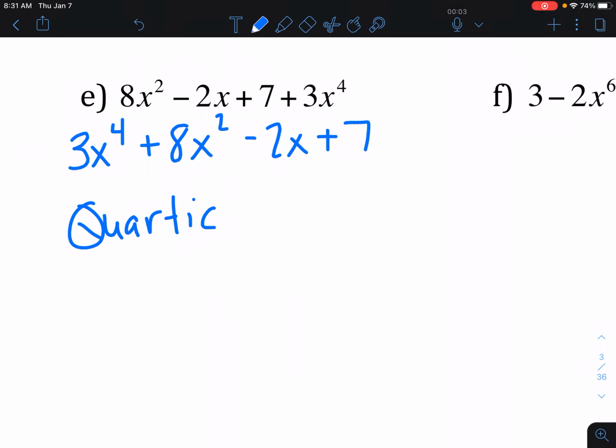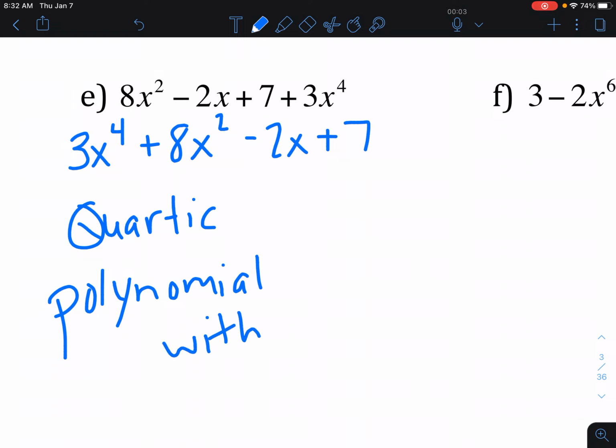And it has 4 terms, so what we're going to do is just call it a polynomial with 4 terms. Anything 4 and up, call it a polynomial with its number of terms. Anything 1 to 3, call monomial, binomial, trinomial.